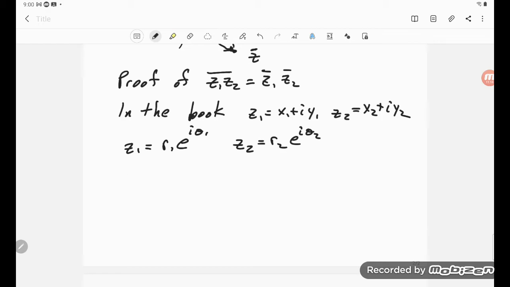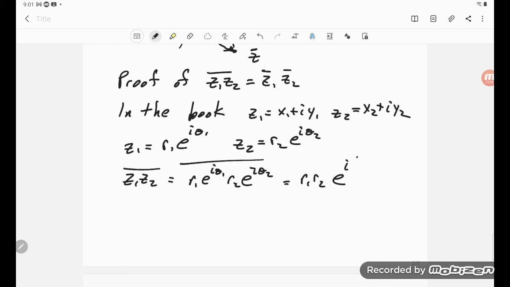And so if I take the conjugate of z1 z2, that's the conjugate of r1 e to the i theta 1 times r2 e to the i theta 2, which is r1 r2 times the conjugate of e to the i theta 1 plus theta 2.